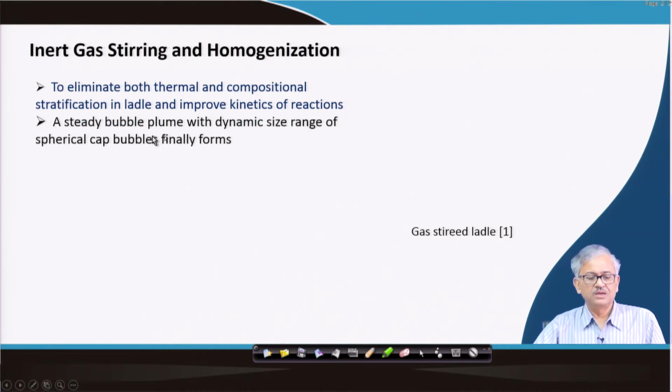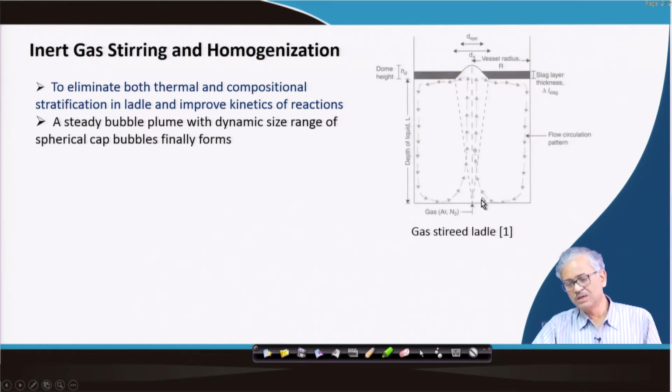And what happens is that when you inject the bubbles from the bottom, after some time you get a steady state bubble plume, with a dynamic size range of spherical cap bubbles. Basically, from here you generate the bubbles, and the bubbles move up, and obviously while they are moving up there is a continuous breakup and coalescence of the bubbles.